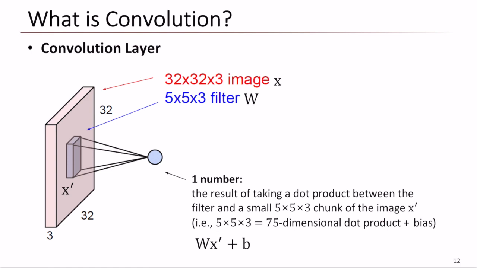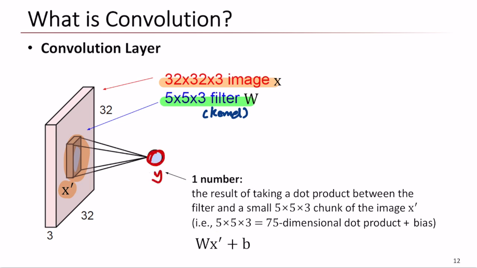To sum up, in the convolution layer, take a 32 by 32 by 3 image, let's say X, then X prime means these local patches. With one filter, let's say a 5 by 5 by 3 filter, often called a kernel, we can generate a single output, right?